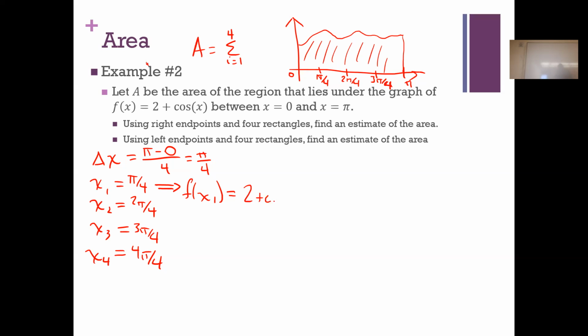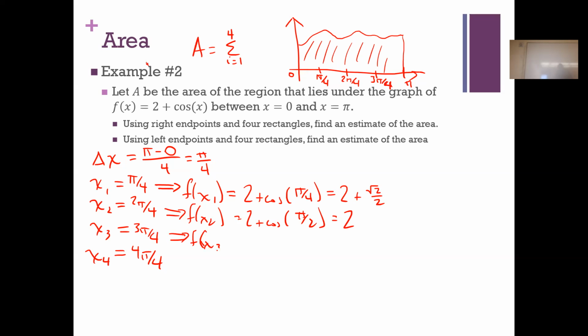It should be 2 plus cosine pi over 4. And f of x2 is 2 plus cosine pi over 2, which is 2.